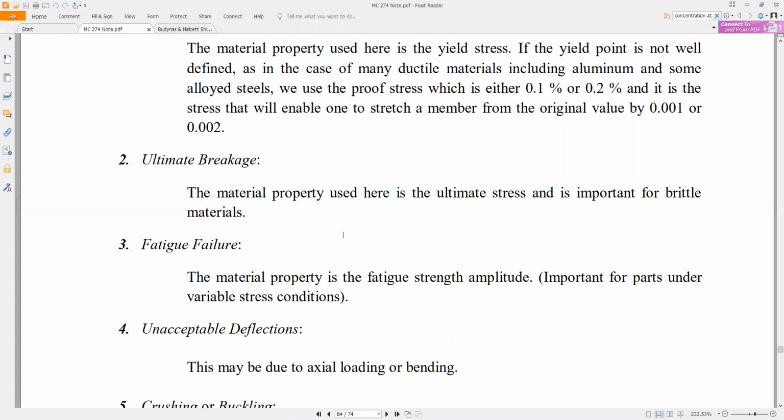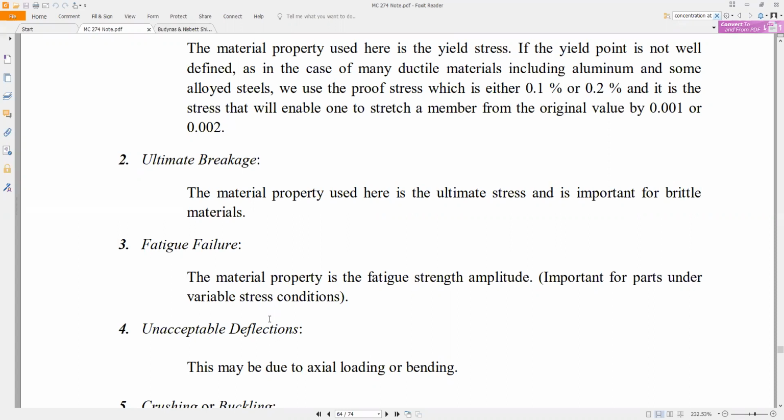And by the point where it starts to elongate, it's not yet broken, okay? But it will reach a point where it will just break. And that point is where we can use the ultimate stress to define that point.